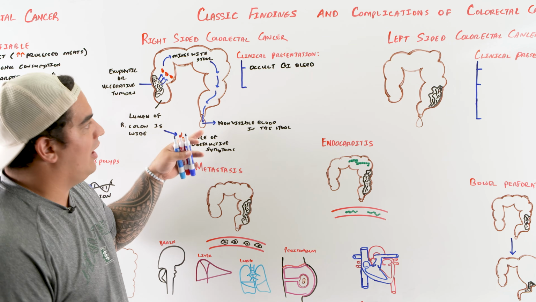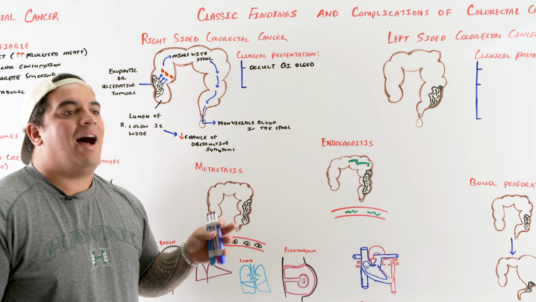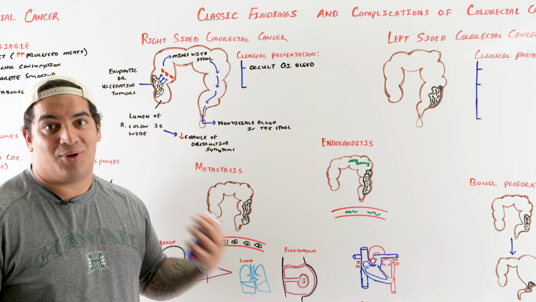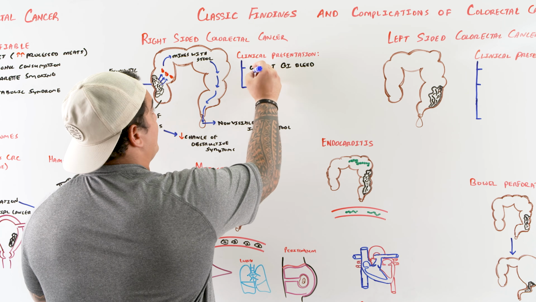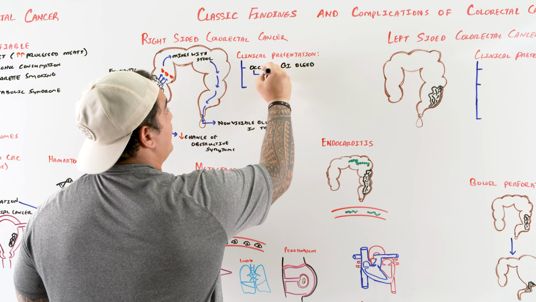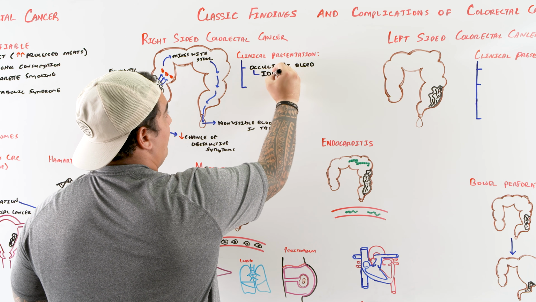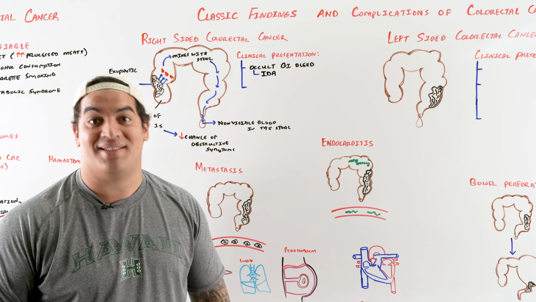If I'm losing blood, because of that chronic bleeding, your body unfortunately starts to experience anemia. So one way an occult GI bleed can present is as anemia, usually iron deficiency anemia, which we'll abbreviate as IDA. That is one very, very common presentation.